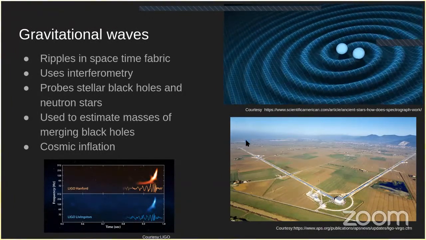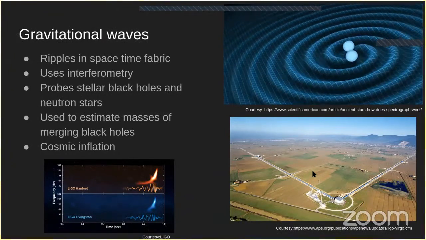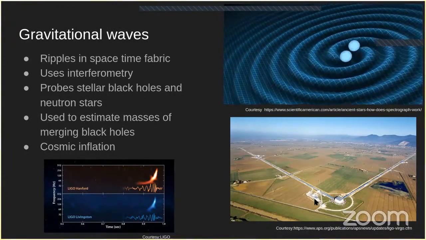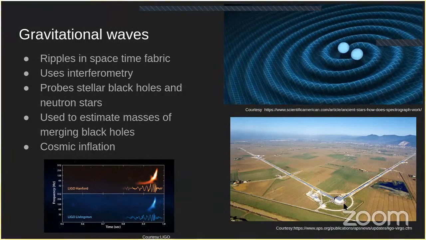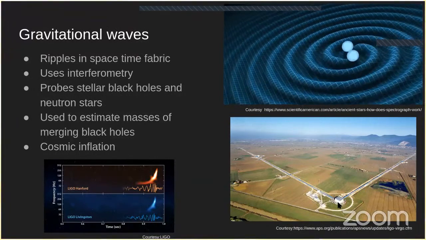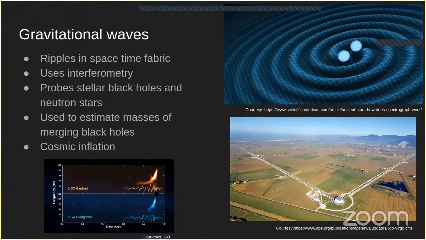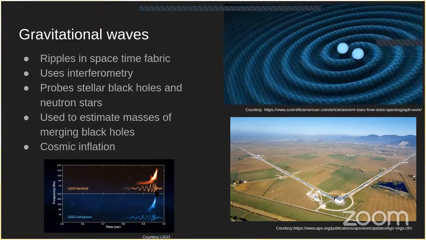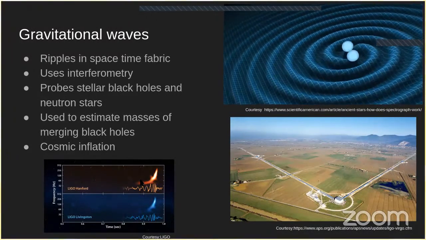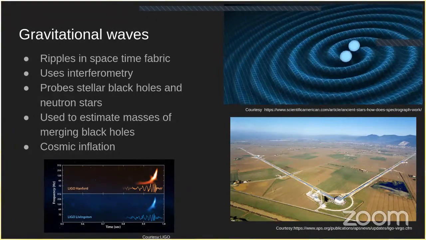But when these ripples come to Earth, the shape of the Earth also changes, because the space-time curvature itself is changing, and this change in the curvature will change the interference that's happening. So you will get a signal where you can see small and then large changes in the interference of the light in the two arms. So you can do this and then see if you have actually detected a wave.